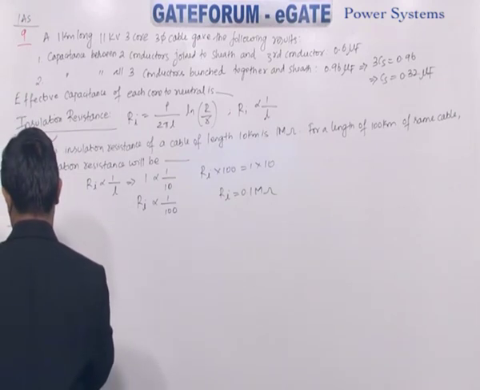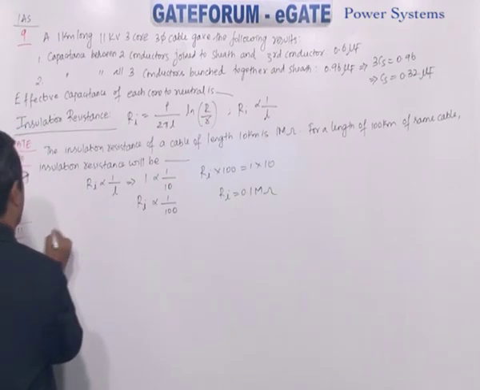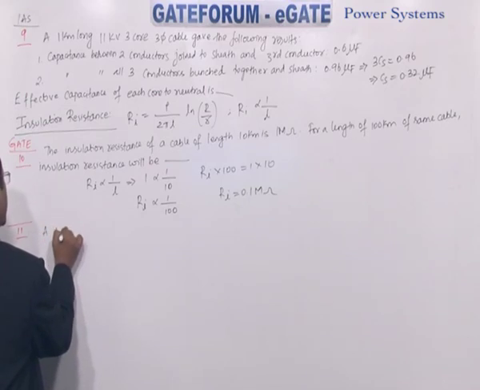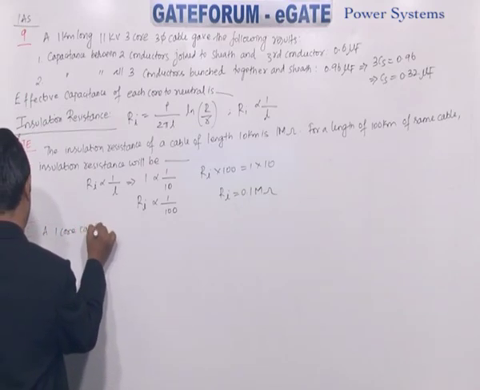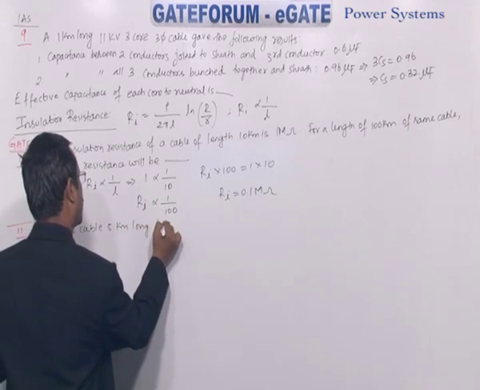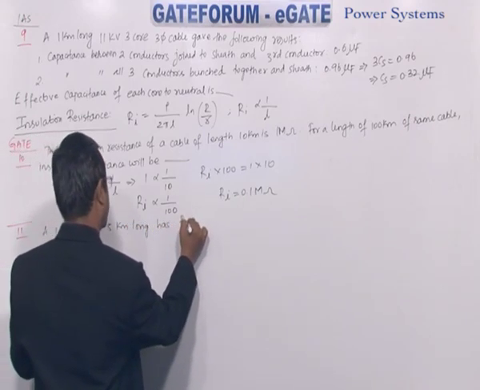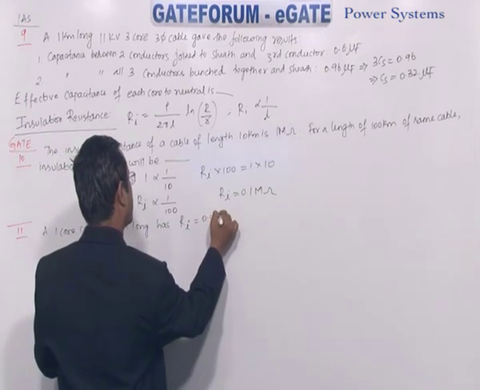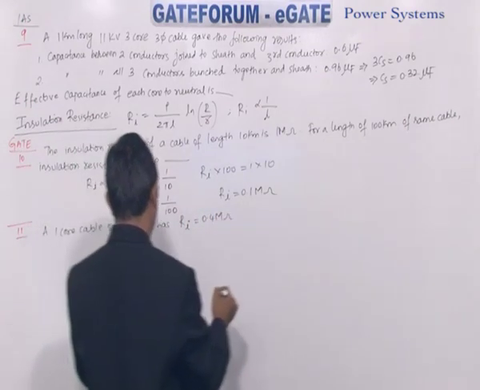Now we solve this next one. A single core cable 5 kilometer long has insulation resistance 0.4 mega ohms.